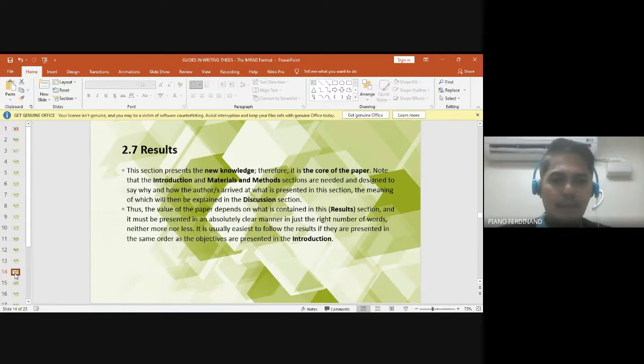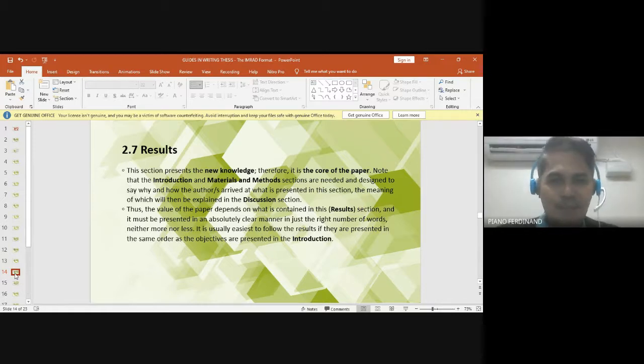Thus, the value of the paper depends on what is contained in this result section, and it must be presented in an absolutely clear manner in which the right number of words, neither more nor less. It is usually easiest to follow the results if they are presented in the same order as the objectives are presented in the introduction.